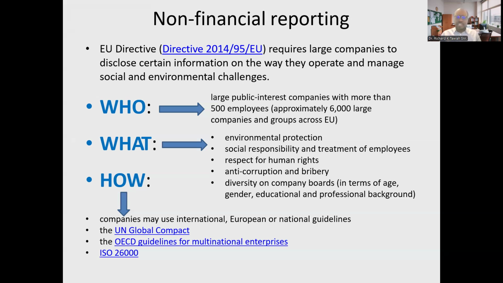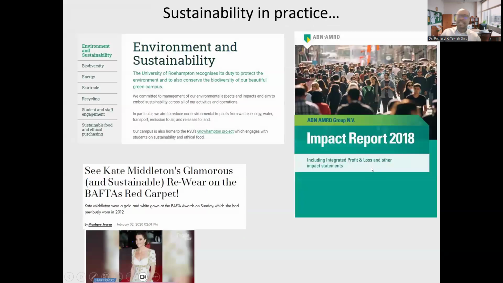Companies may use international, European, or national guidelines, the UN Global Compact, the OECD, Organisation for Economic Co-operation and Development guidelines for multinational enterprises. They could use the GRI standards, they could use ISO 26000, name them. So you realize there's no consistency in terms of what they need to use to report. Choose and pick, okay?